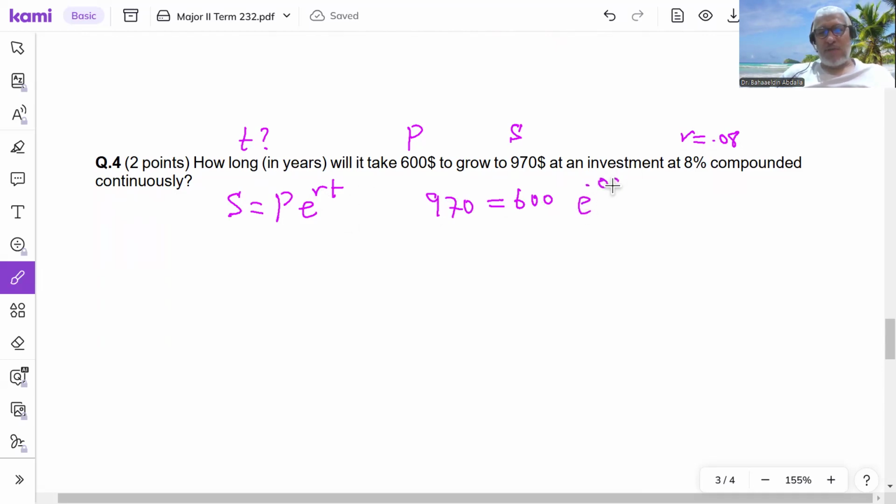R is 0.08 times T. Now T is the variable. I want to solve for T, and it is up in the power. So I must use ln. But to use ln, I know that ln e^x is x, I must have e^x. I have e^x, but I have 600. 600 is not good. I have to remove this 600. How? Divide both sides by 600.